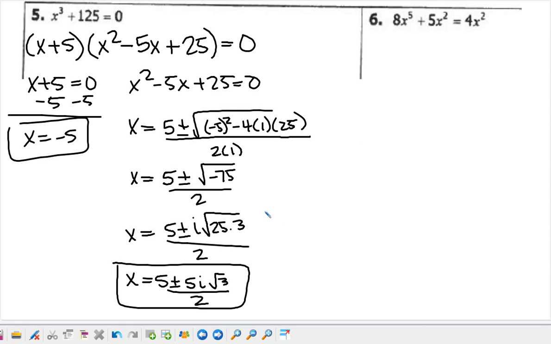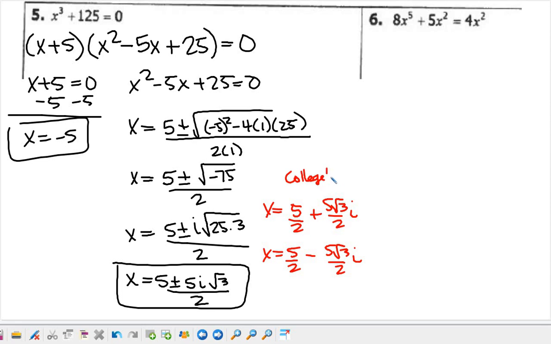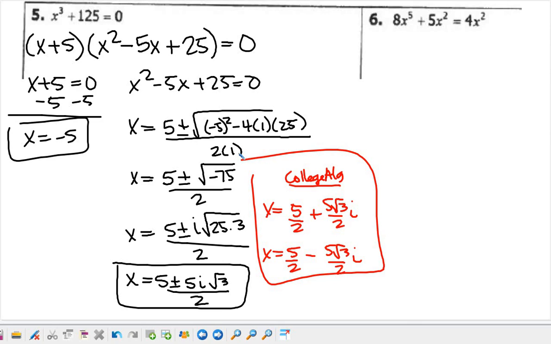So they'll want you to do x is equal to 5 over 2 plus 5 square root of 3 over 2 i, and x is equal to 5 over 2 minus 5 square root of 3 over 2 i. So this is college algebra. They are super particular. So just be aware that you have to be able to break that apart.